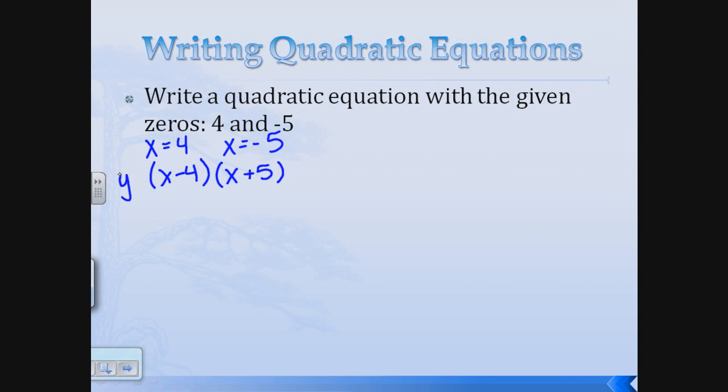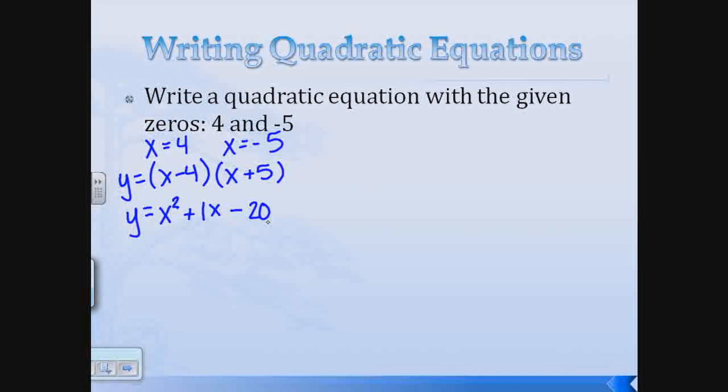So then to write a quadratic, we say y equals, and then we FOIL these. Remember that when you FOIL, the first term is always going to be x times x, which is x squared. Your middle term is going to be the sum of these two numbers. So negative 4 plus 5 makes a 1x. And then your last is always these two multiplied, which is negative 20.